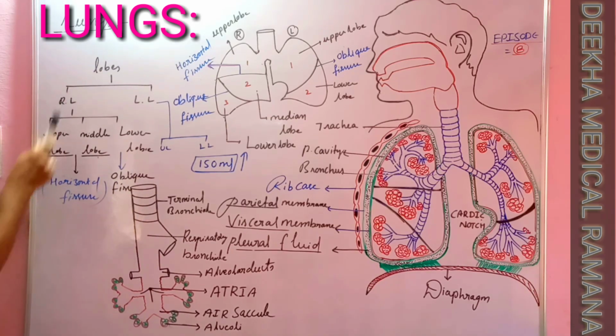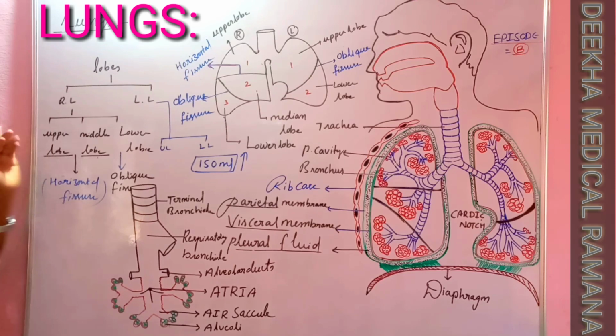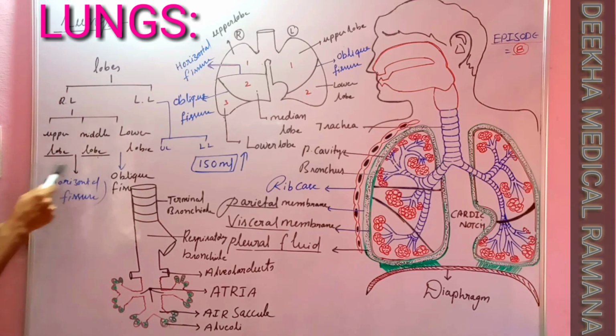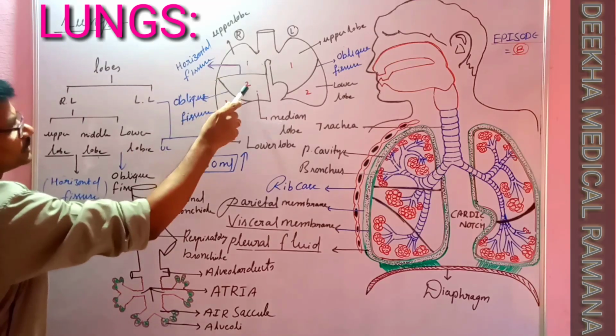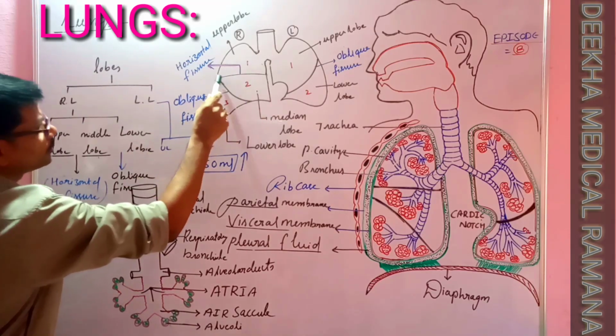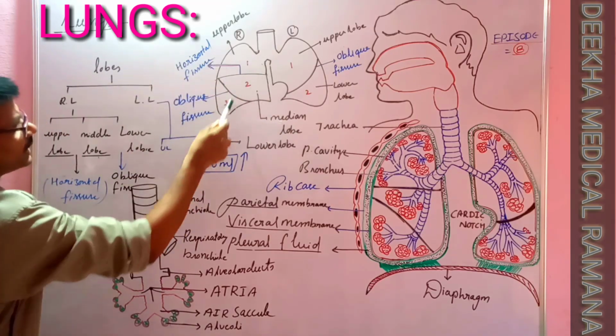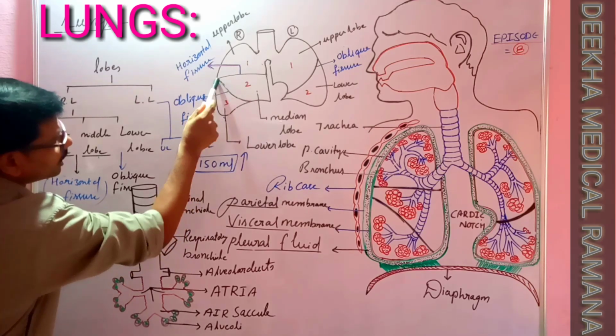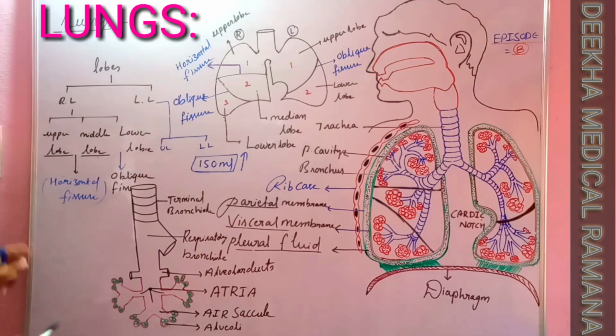So the right lung is divided into three lobes: upper, middle and lower. The upper and middle lobes are separated by the horizontal fissure, and the middle and lower lobes are separated by the oblique fissure.